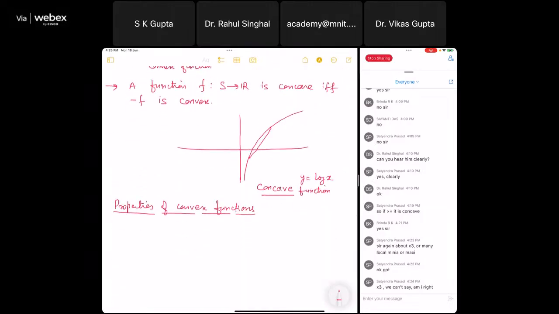That means for strictly convex the chord is always above the curve, not on the curve. For strictly concave, the chord is always below the curve, not on the curve, right?